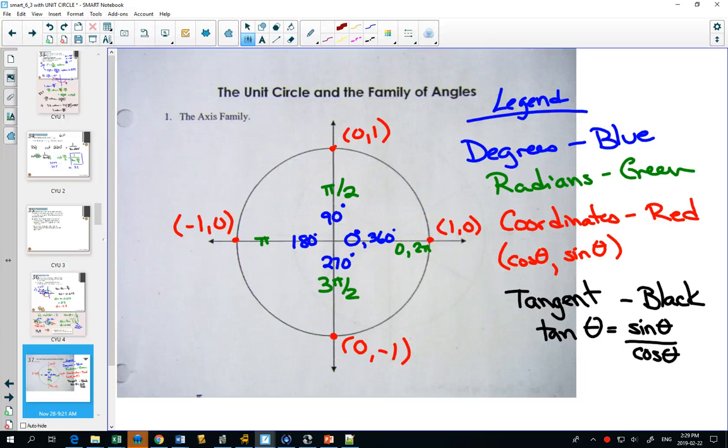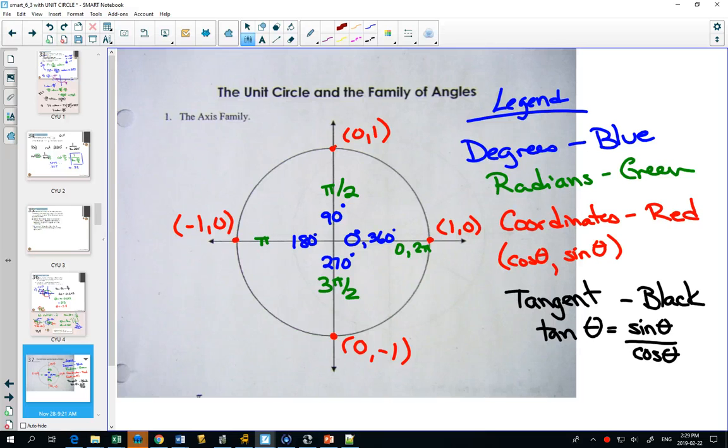If I said, what is sine of pi over 2? So now you can think in radians. Pi over 2 is right here. Sine is always your y-coordinate. Sine of pi over 2 would be equal to 1. And so now you can do mental math with all of those. Cos of 270 degrees, 0.